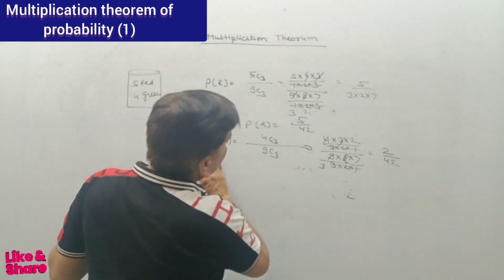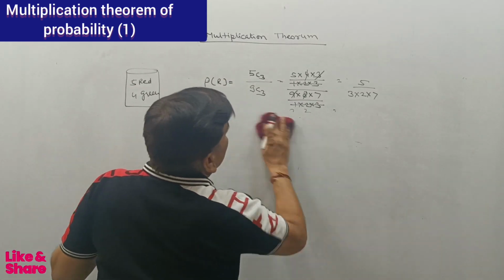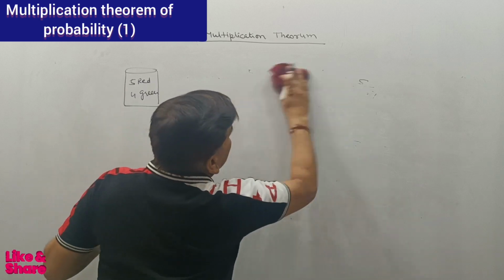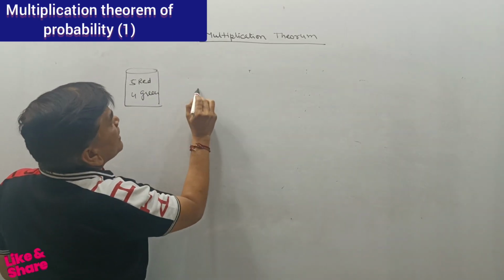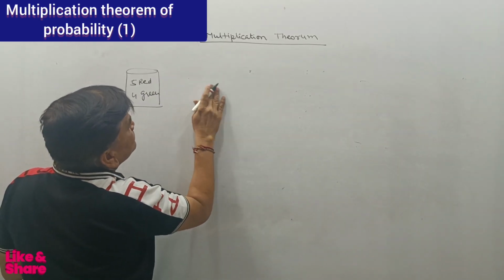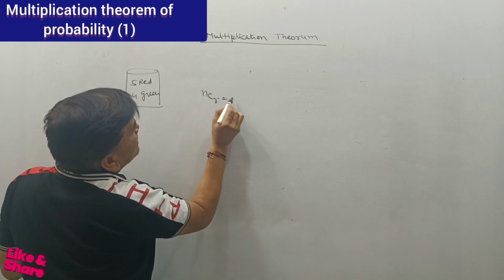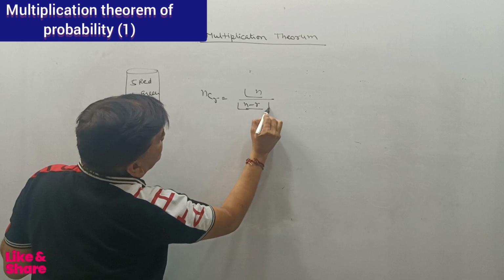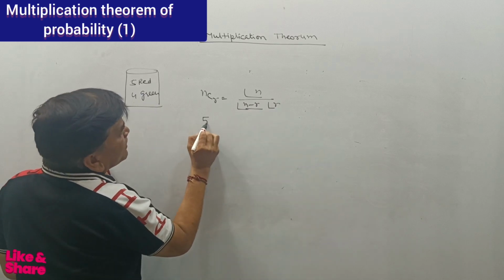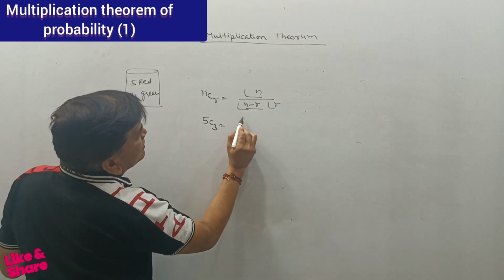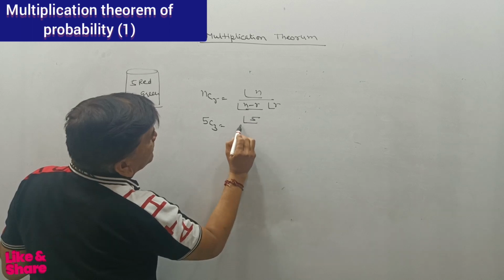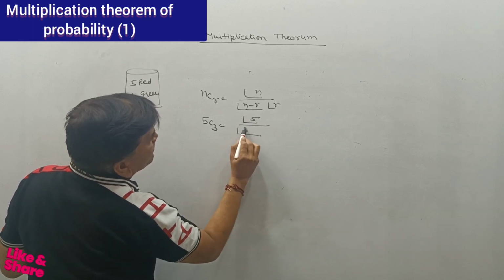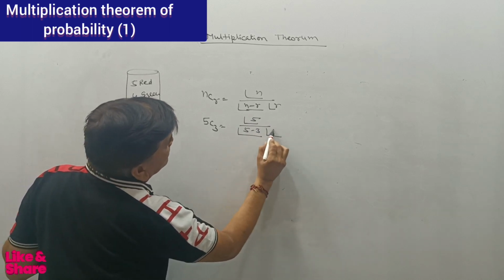Let me explain once here that nCr is factorial n upon factorial n minus r and factorial r. So here 5C3 is factorial 5 upon factorial 5 minus 3 and factorial 3.